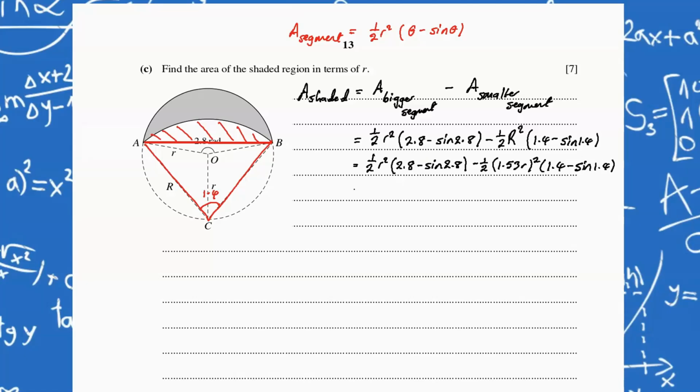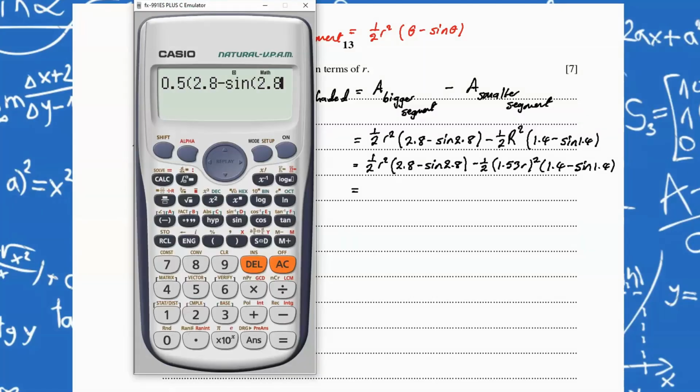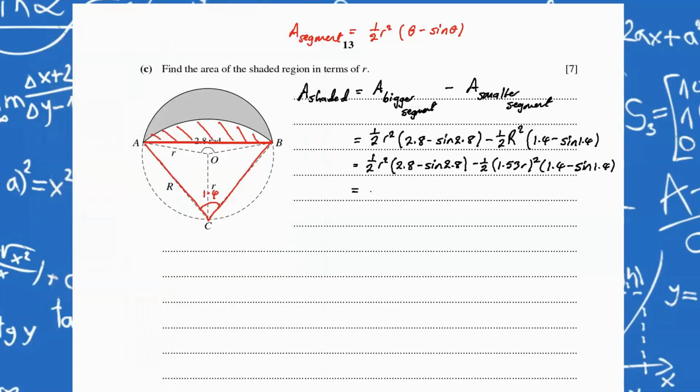All right, so let's do the calculation. Let's start with this first part here, and here we get 1.2325 of r squared, and that's going to be minus, calculating the other part.